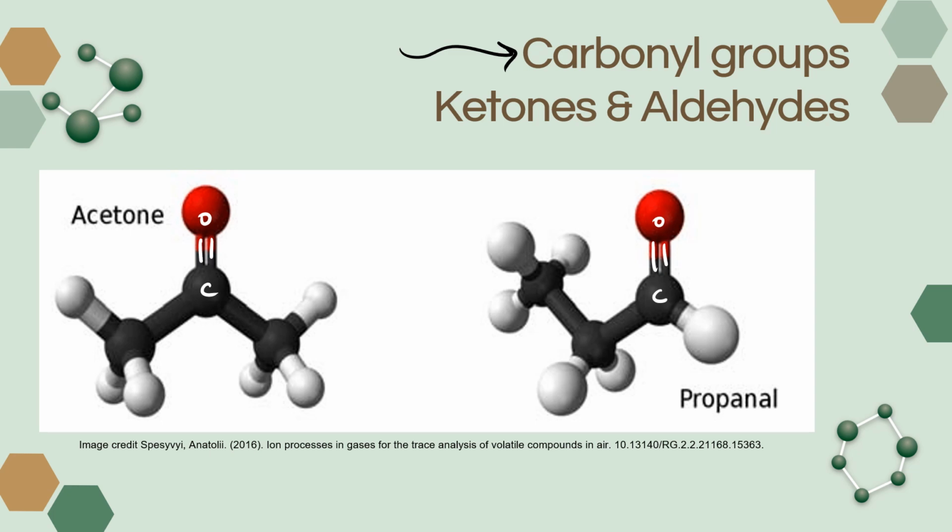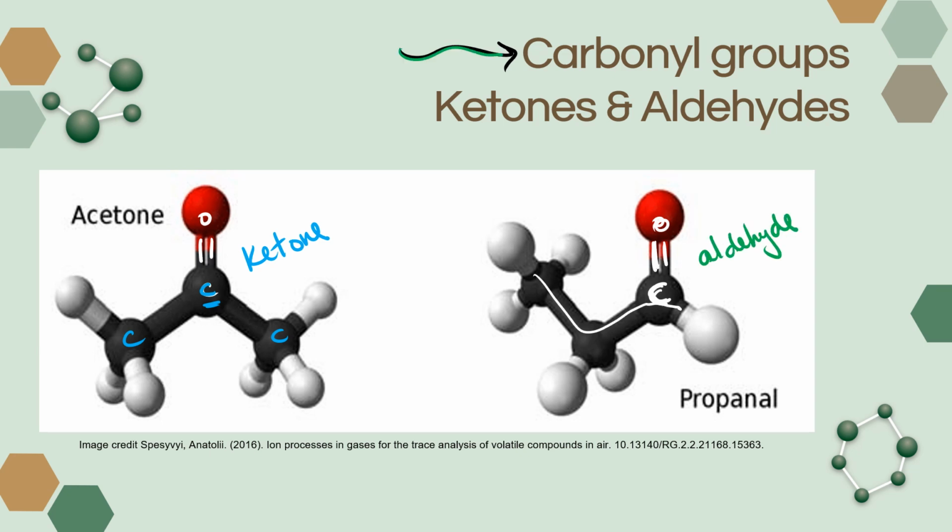If we have a double bonded oxygen on a carbon that's in the middle of a carbon chain, we've got C, we've got C, we've got C. This guy's not at the end. This is going to be what we call a ketone. If instead we have our double bonded oxygen on what we call the terminal carbon, the carbon that's the end of the carbon chain, now we have what's called an aldehyde.